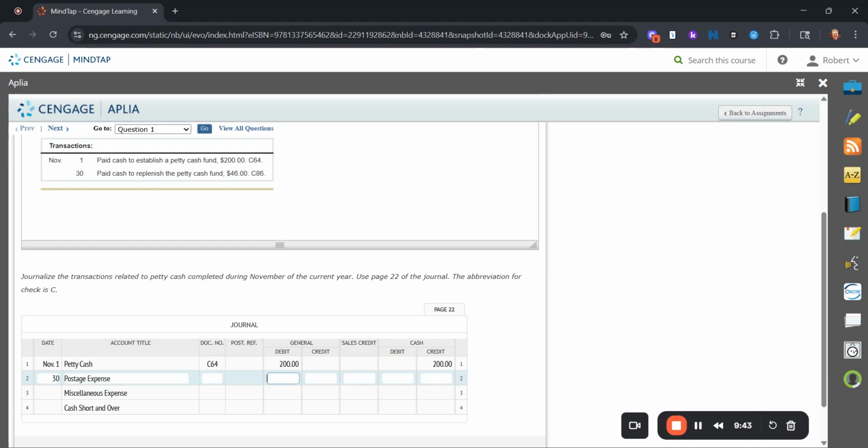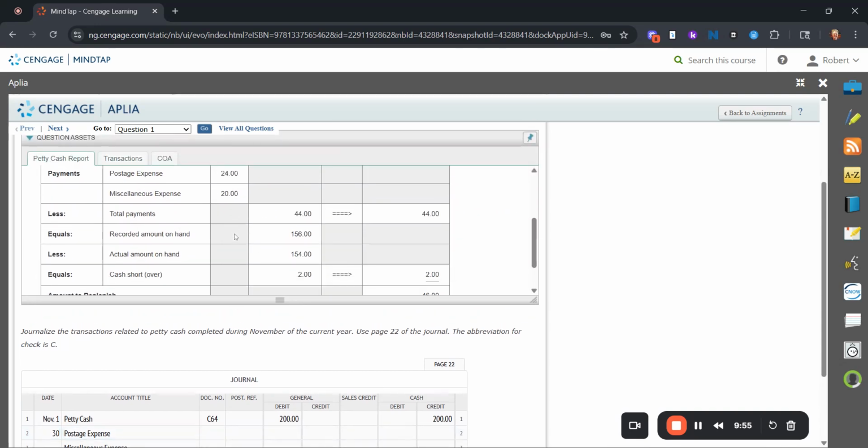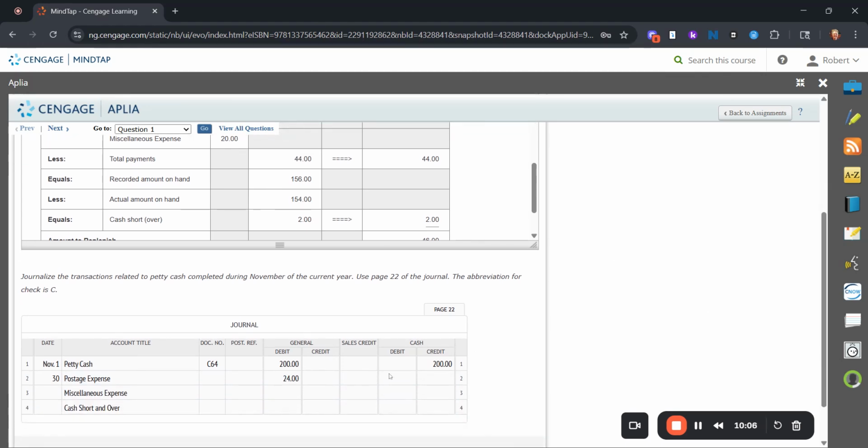So those decrease from that owner's equity. So on that side, the decreases go as a debit entry. So postage was $24. Miscellaneous was $20. Then we had that cash short and over, and it was short $2, so $2 goes there.